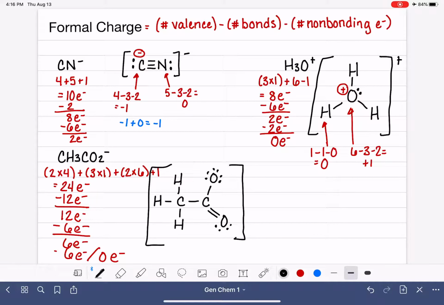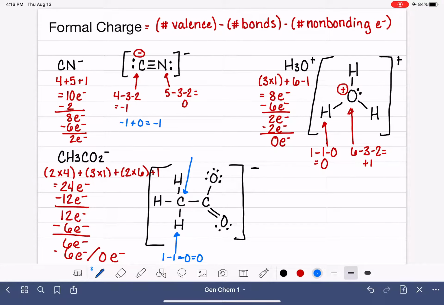The last step here is to calculate formal charges to check our work. All of the hydrogens are identical. 1 valence electron minus 1 bond and no non-bonding electrons is a formal charge of 0. This carbon atom, now the 2 carbon atoms are not identical. They don't have the exact same bonding environment, 4 single bonds versus 2 single bonds and a double bond.